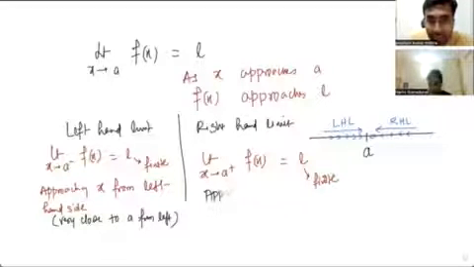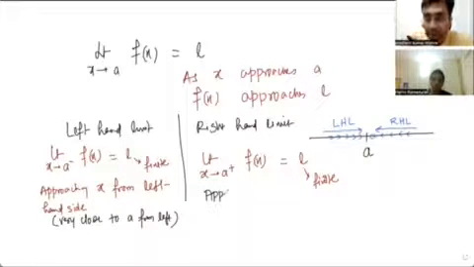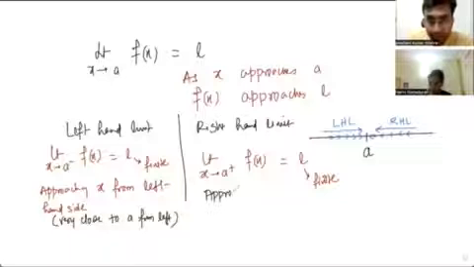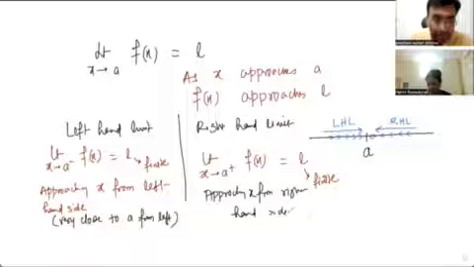Limit is the study of a point's neighborhood. Approaching x from the right hand side. And the RHL will be very close to this from the right hand side, and the LHL from the left hand side.